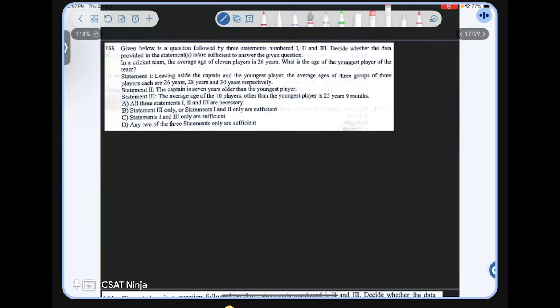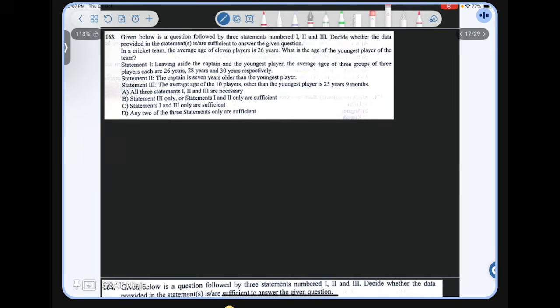Question number 17. What is asked here? In a cricket team, the average of 11 players is 26 years.